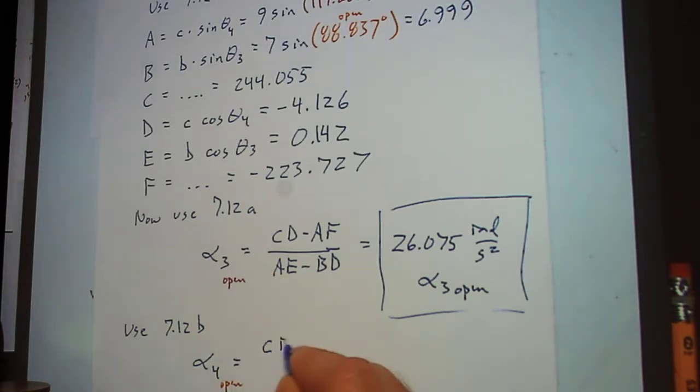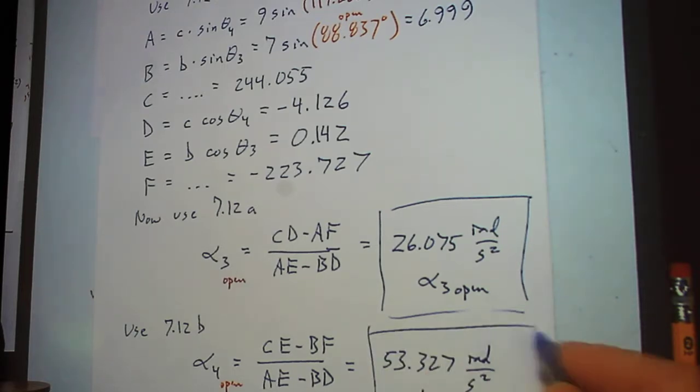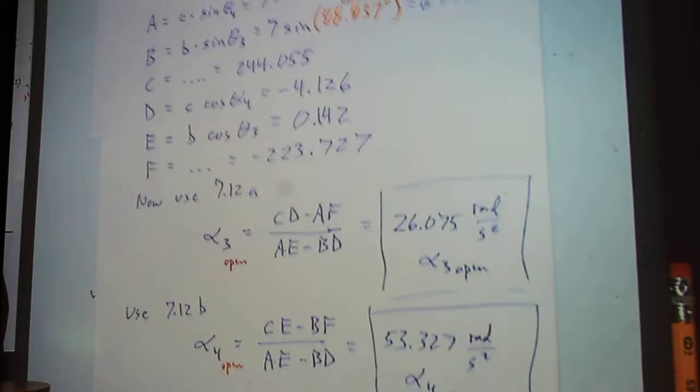I'm just trying to highlight it. CE minus BF over AE minus BD. And that equals 53.327 radians per second squared. And that is your alpha 4 open. Box that in. All right.